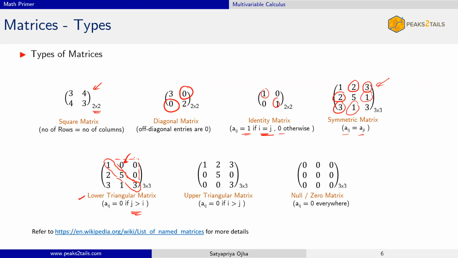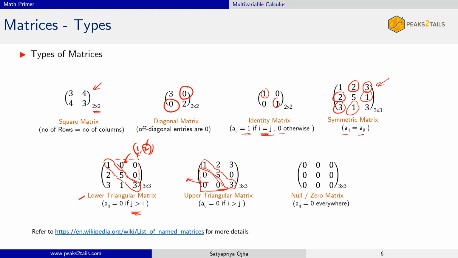Okay, you can see this point is row 1, column 2, right? So j, which is 2, is greater than i, which is 1. That means it has to be 0. Lower triangular matrix. Similarly, we have upper triangular matrix, which means anything below the main diagonal must be 0. That's all 0.